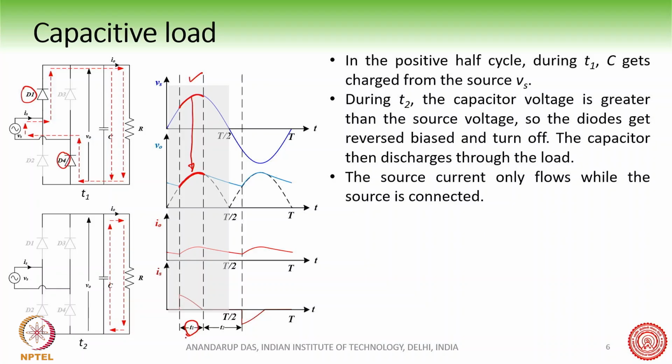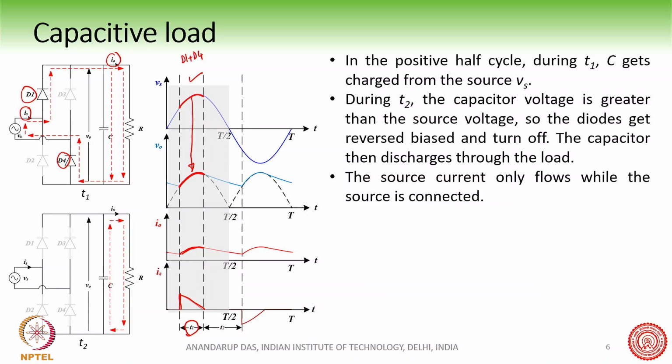So the load current I0 follows the V0 voltage because we have a resistive load. During this portion, the current is taken from the source, and this is the source current which is flowing.